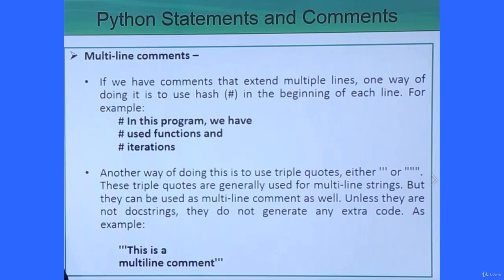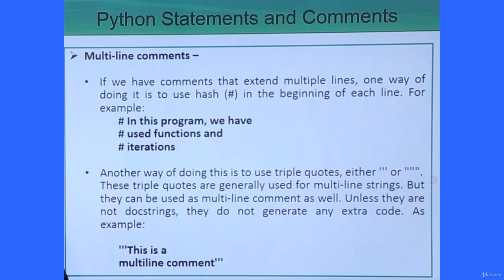Another way of doing this is to use triple quotes, either triple single quotes or triple double quotes. These triple quotes are generally used for multi-line strings, but they can be used as multi-line comments as well, unless they are docstrings. What a docstring is will come in the next slide. And they do not generate any extra code.